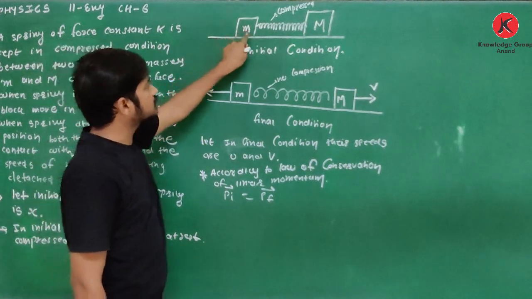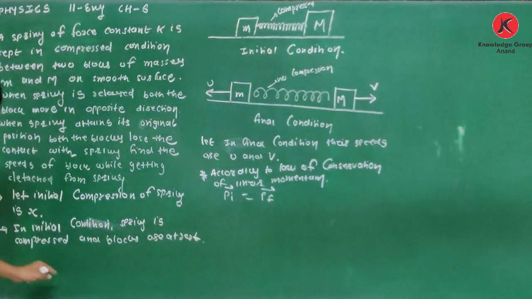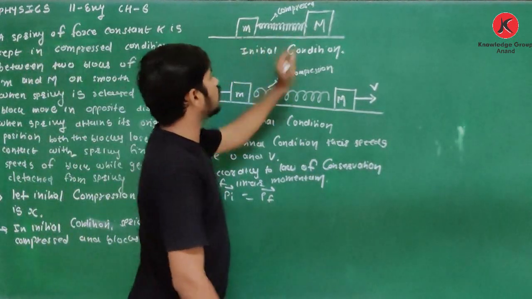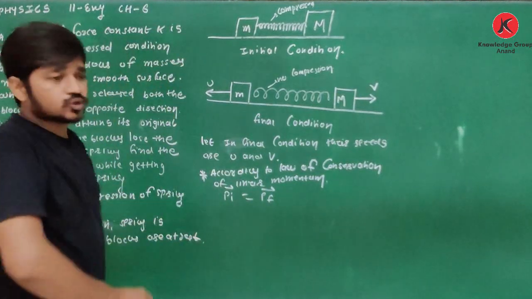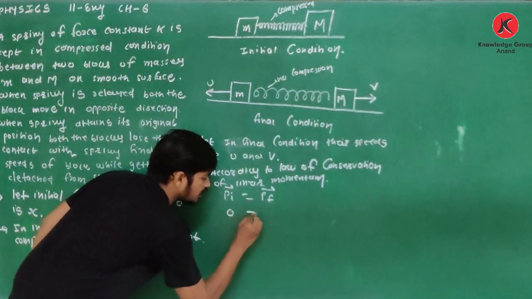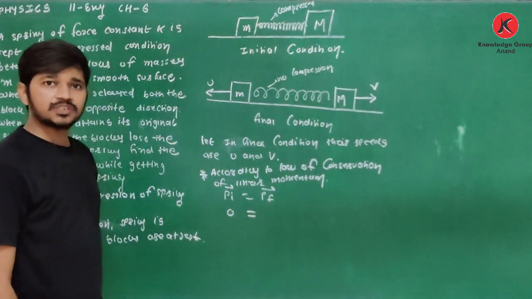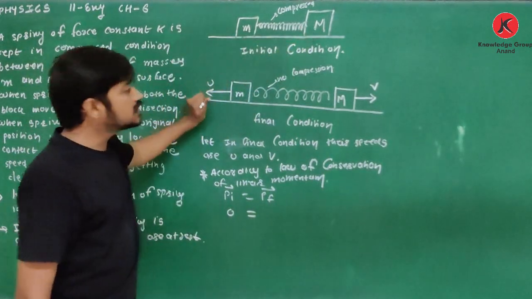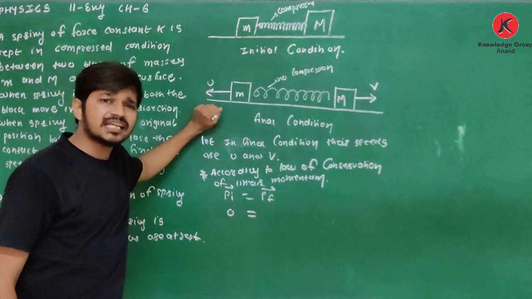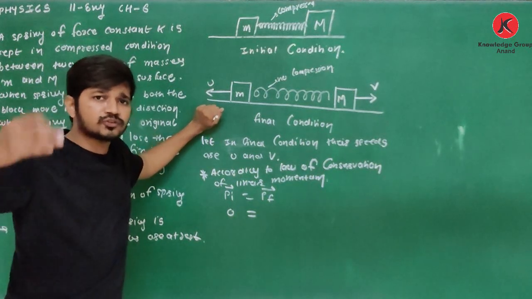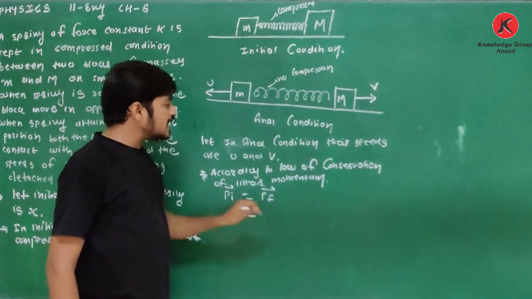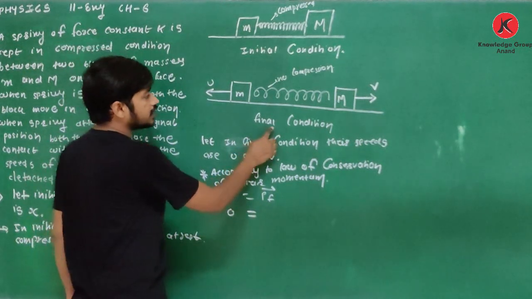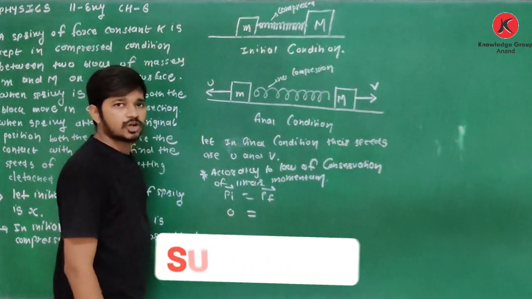In the initial condition, these two blocks are at rest. The spring is compressed and the blocks are at rest. Yes or no? So what is the total initial momentum? Total initial momentum is 0. The velocity is 0, so the momentum is also 0. Now Pf, the final momentum. In the final condition, this spring is not compressed.